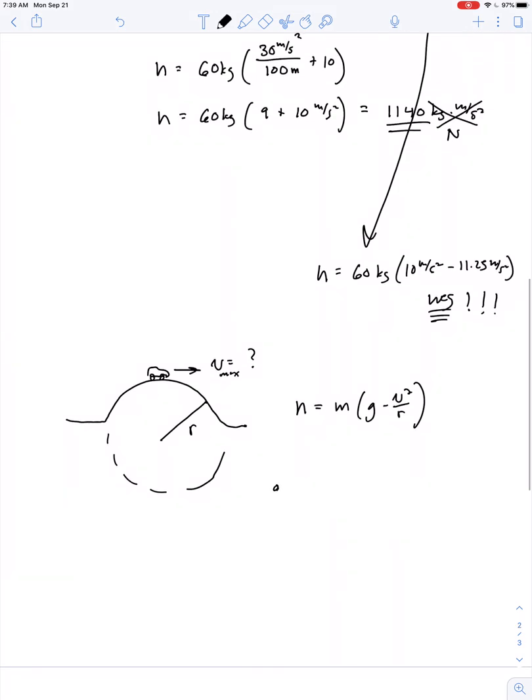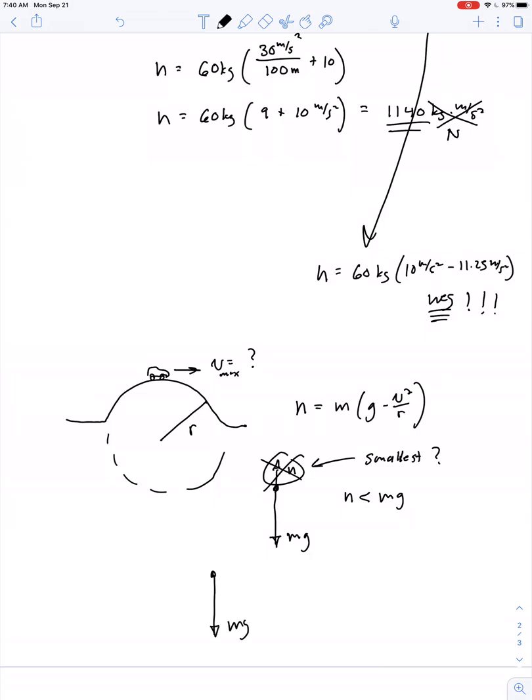So the free body diagram has forces in opposite directions, n and mg, and n is definitely less than mg. Well, what's the smallest possible value you could have for n? I guess the smallest possible value is if n goes to 0, so that your free body diagram is just mg.